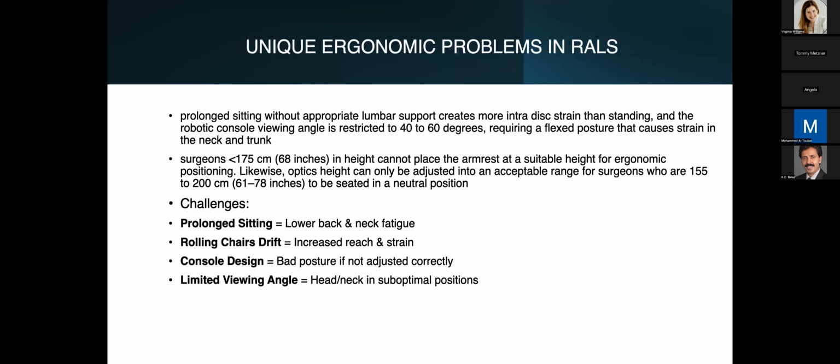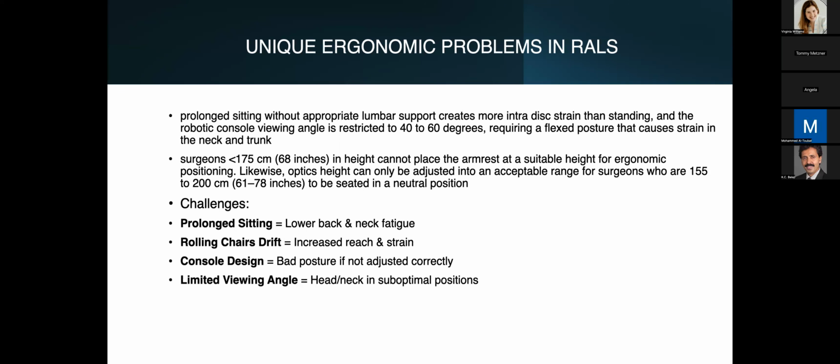The robotic console viewing angle is restricted to 40 to 60 degrees, requiring a flexed posture that causes strain in the neck and trunk. And this is something that I did not know, but surgeons that are shorter than 175 centimeters in height cannot place the armrests at a suitable height for their ergonomic positioning. Likewise, the optic height can only be adjusted to an acceptable range for surgeons who are 155 centimeters to 200 centimeters, to be seated in a neutral position.